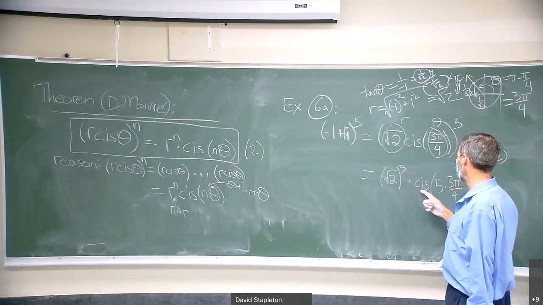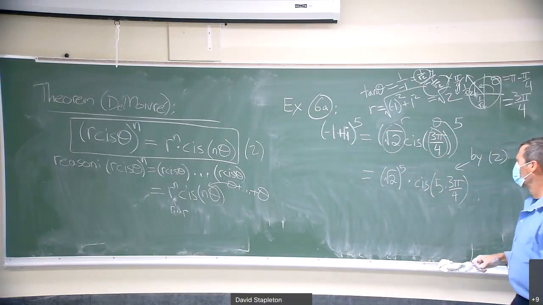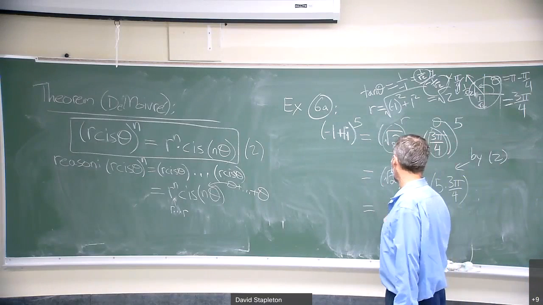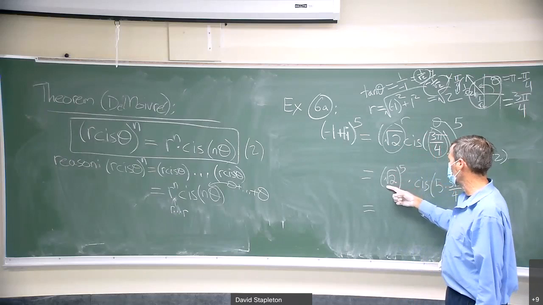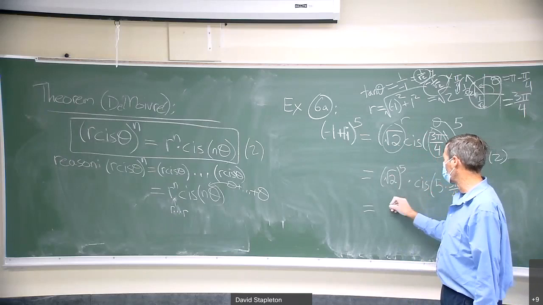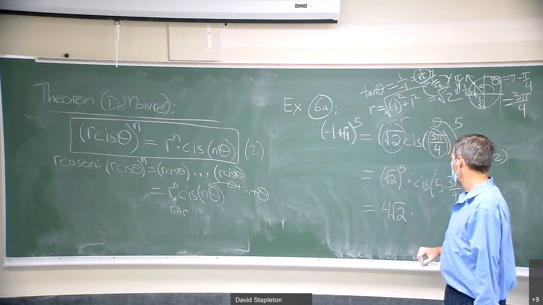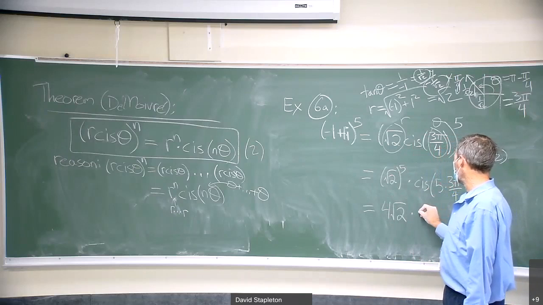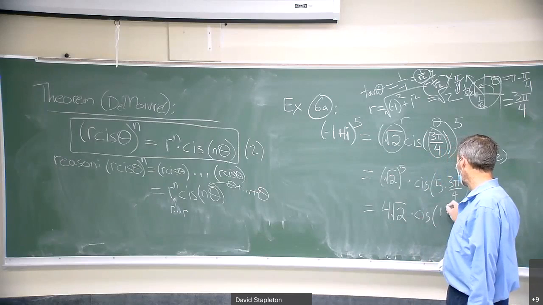So r to the 5th, cosine plus i sine 5 times theta. And now it comes out to be, let's see, 2 of these make 2, another 2 make 4, so I got 4 square root 2 here. And this one is cosine plus i sine 15 pi over 4.